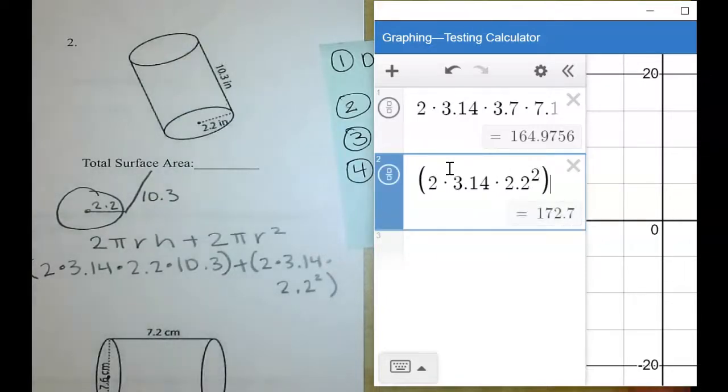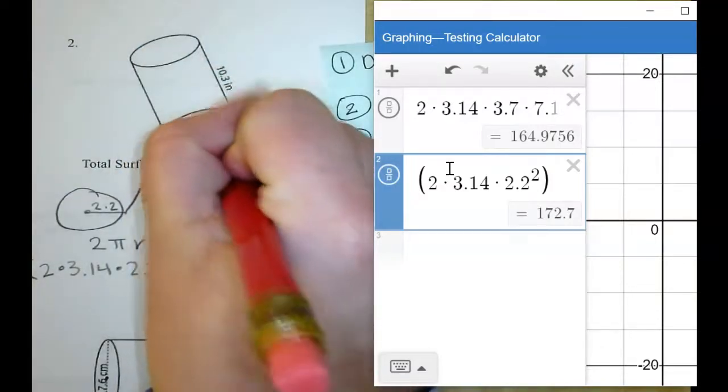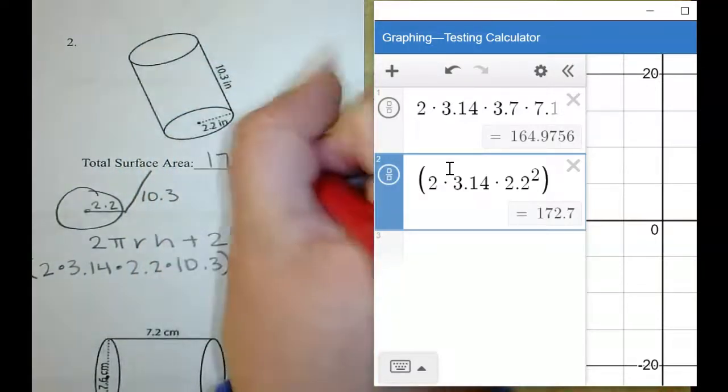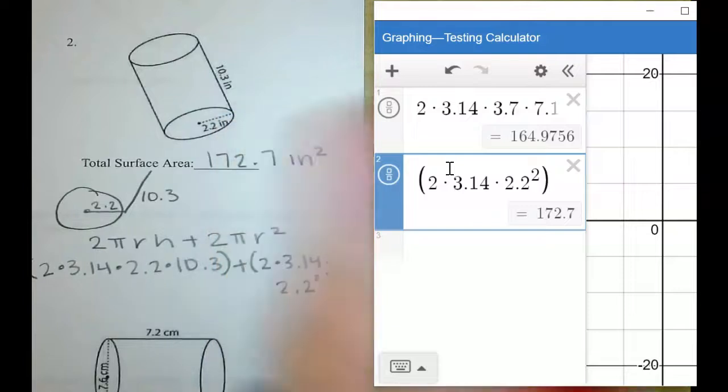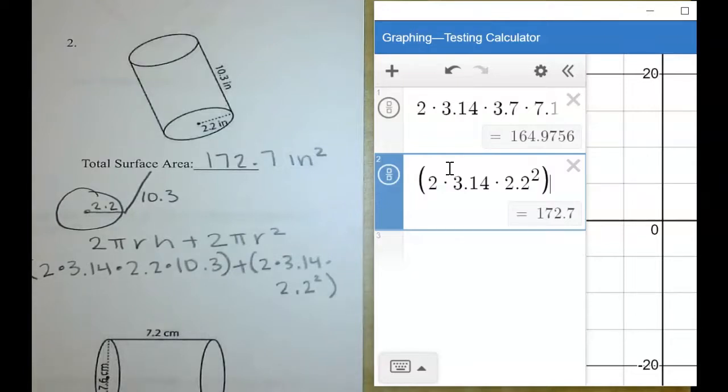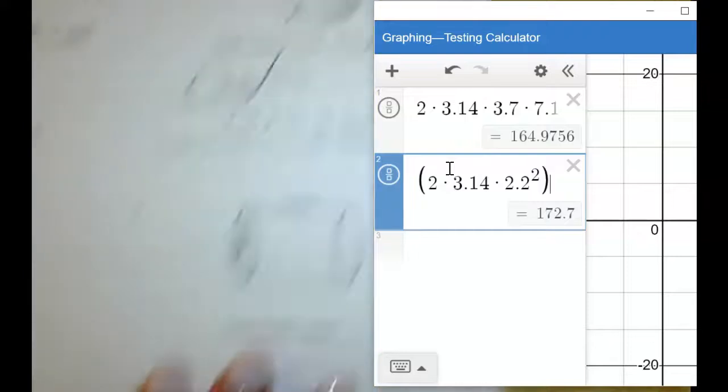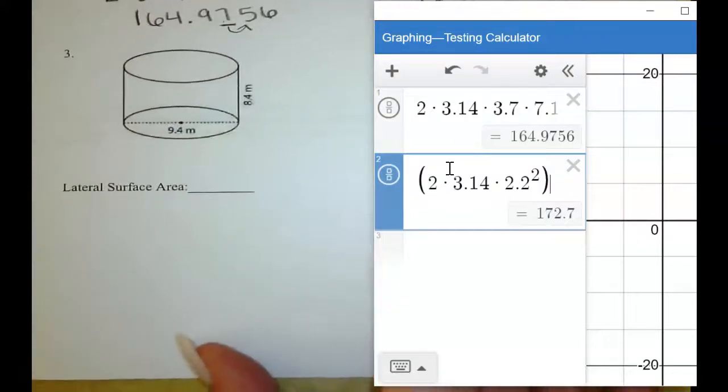Remember, if you feel like I'm moving too fast, you can pause, okay? So I got 172.7. So I don't need to round that one because it's already there. 172.7, and it's going to be inches squared for total surface area of this cylinder. And again, remember you can always rewind or pause as I'm writing things down so that way you can see it, okay? All right, let's move on to number 3.